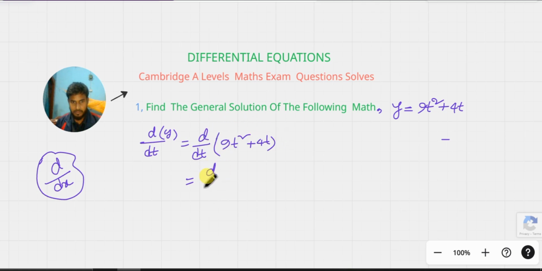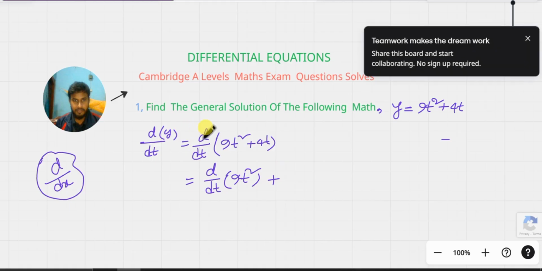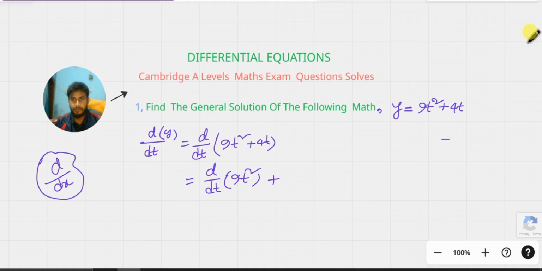First, d dt of 9t square plus, and the differential operator will act a second time, d dt of 4t. Previously we have discussed some important formulas of differentiation.